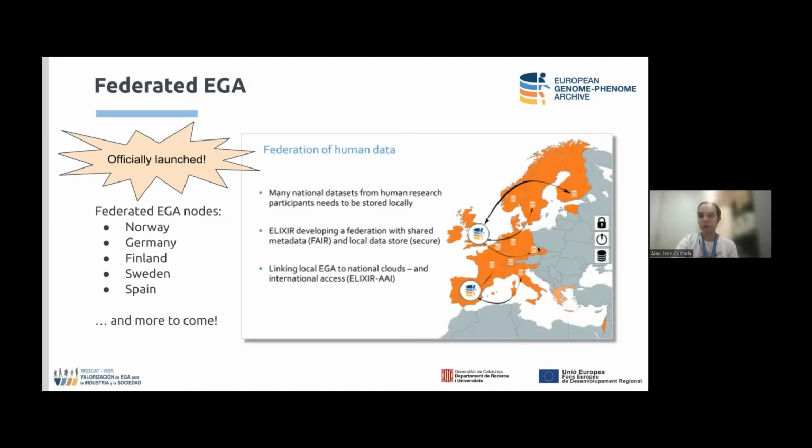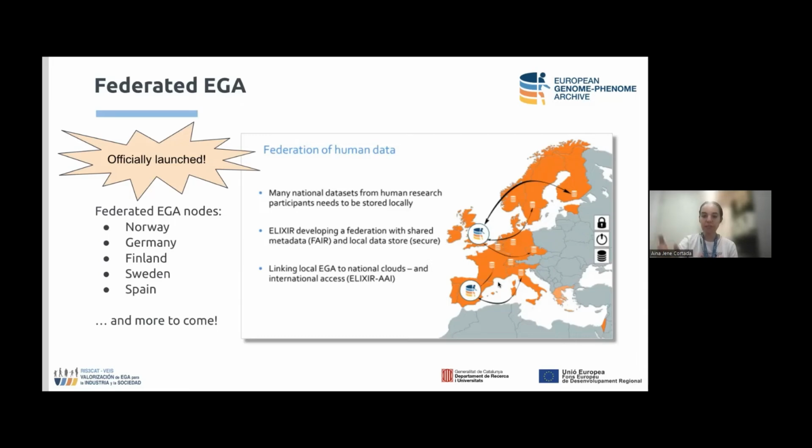The structure of the EGA Federation consists of central EGA. In this case, we have 2 central EGAs, one in Barcelona, in Spain, and the other one in Cambridge, UK, sorry. And then we have different nodes around Europe.